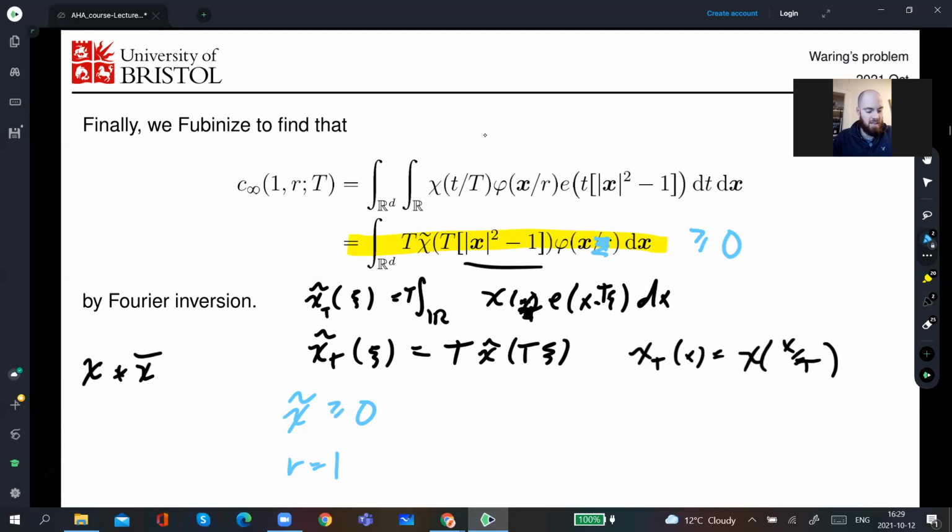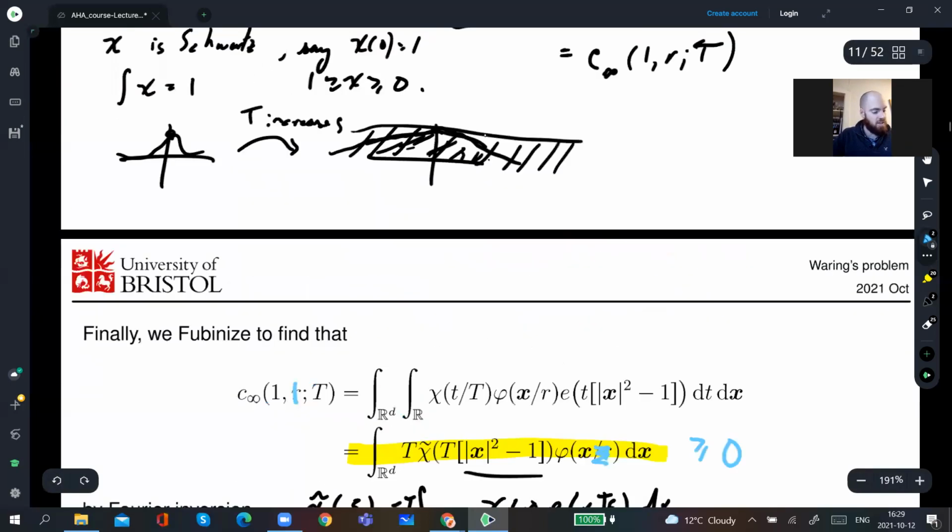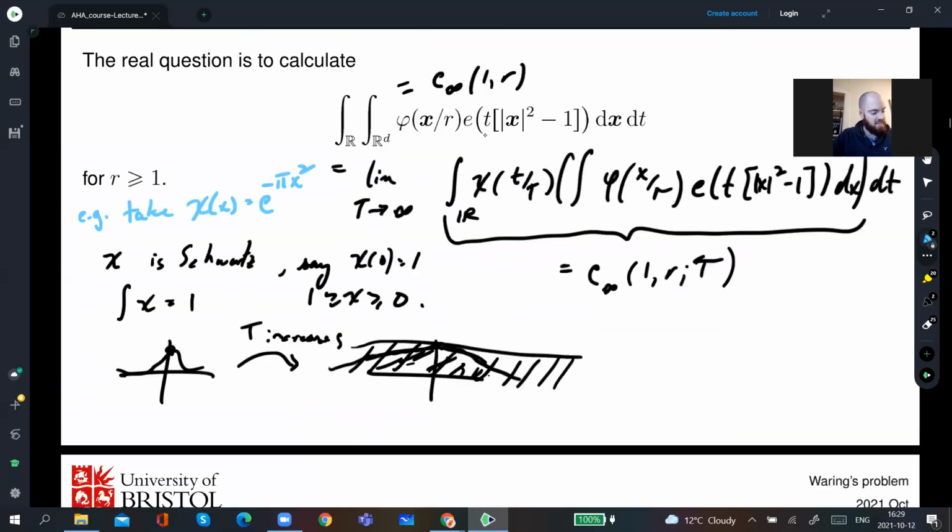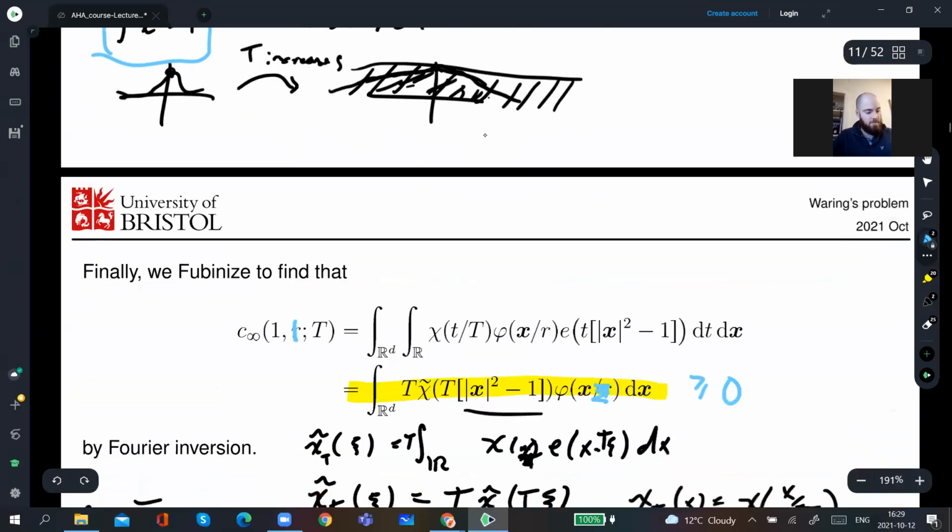When I look at this integral, it is also going to be positive, because chi will be non-negative, but it also has to be positive in some neighborhood around 0, because I chose the Fourier transform of chi at 0 to be 1 when I made this stipulation right here. And since it's Schwartz, it's positive around 0 for a small neighborhood, right?